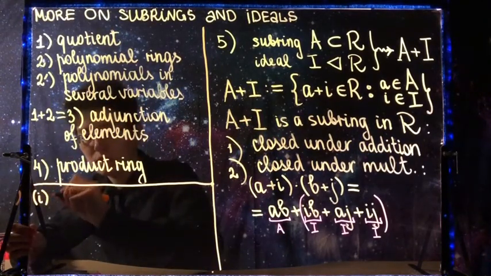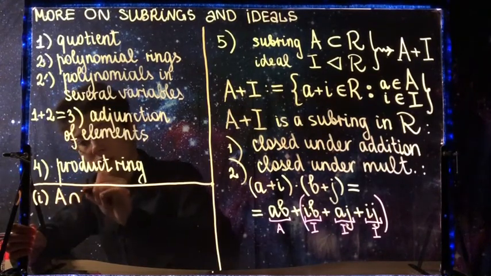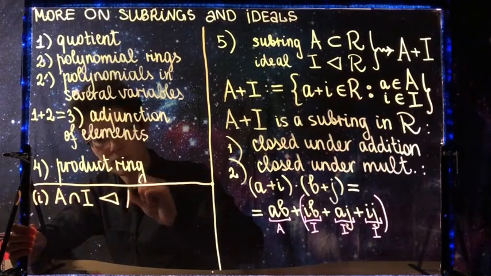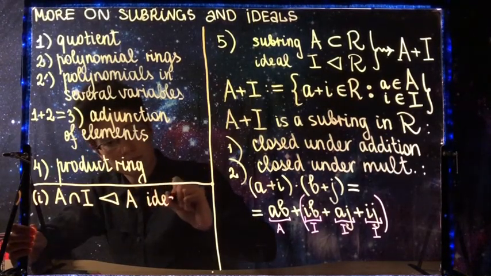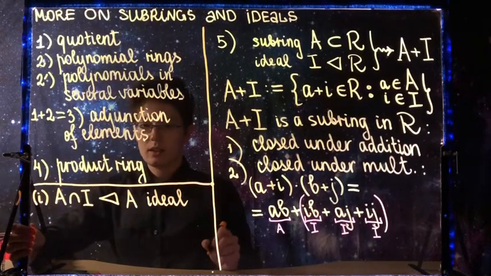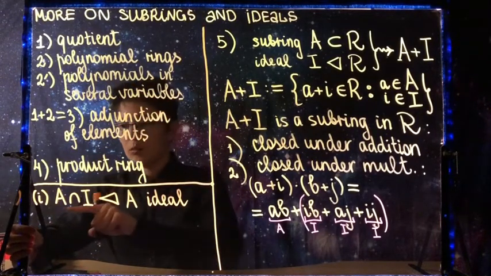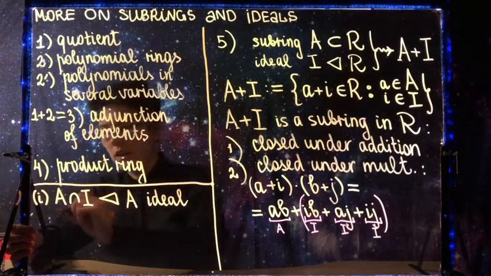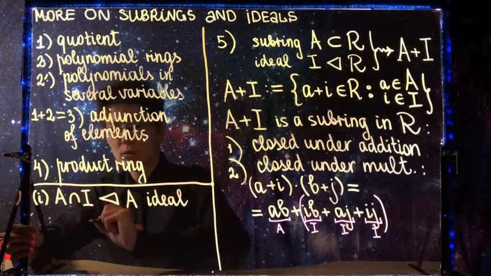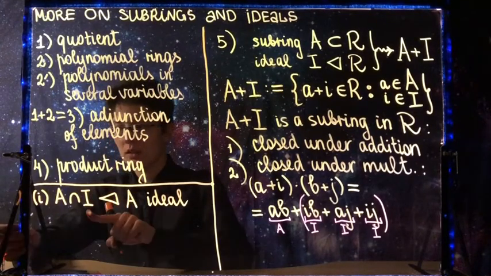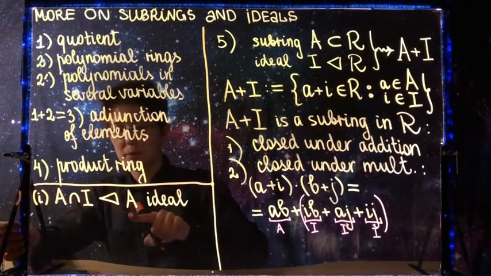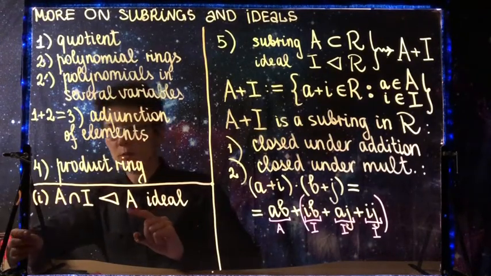First, A intersected with I is an ideal inside of A. Because both A and I are closed under addition, this set is also closed under addition. And since I had the absorption property in R, it also has the absorption property in A. Let us check this absorption property.